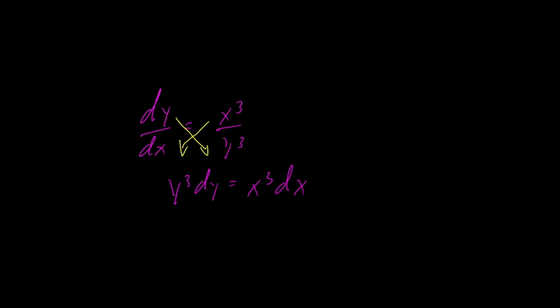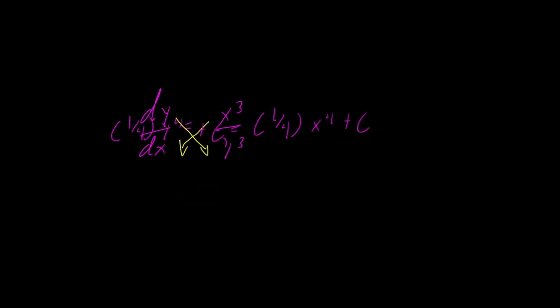Now we can actually integrate the two to get rid of the d's, and as a result we get the following expression as this right here. Now what can we do from here?